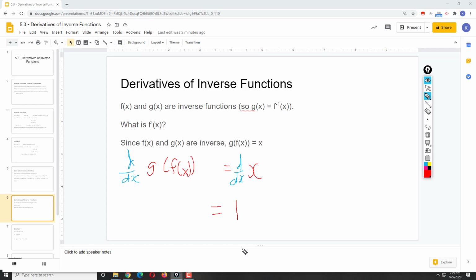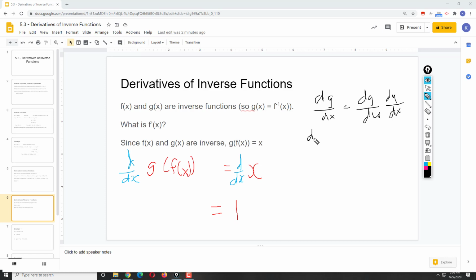On the left hand side, we have the derivative with respect to x, d over dx, of g of f of x. Well, that's just the chain rule. Remember the chain rule says, let's use a different variable, dg over dx is dg over du times du over dx.